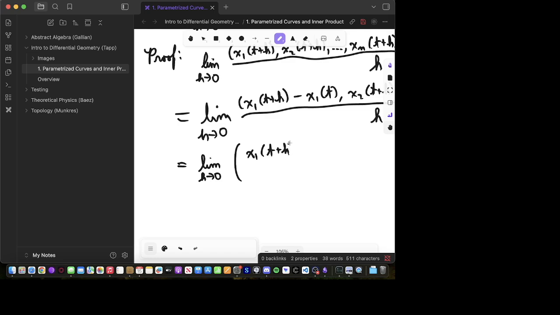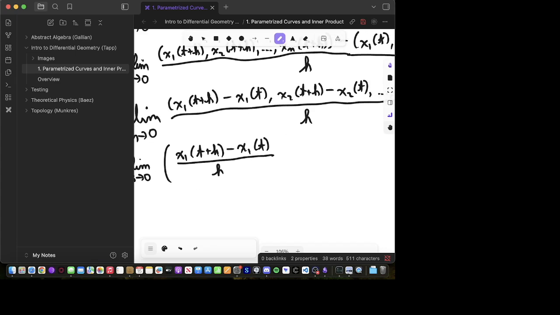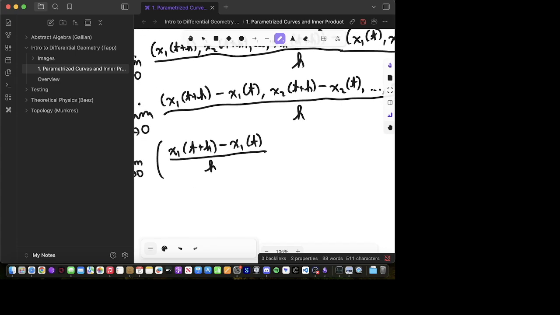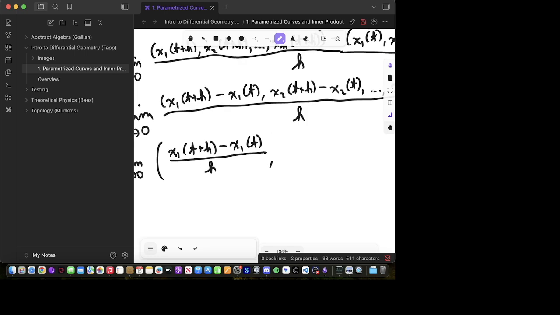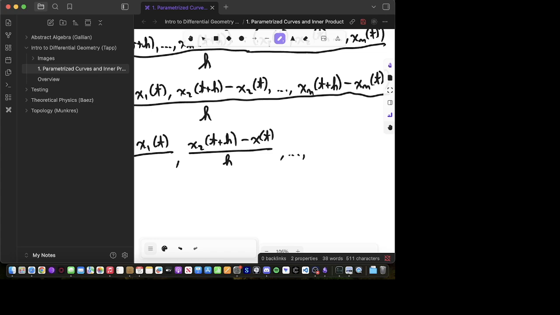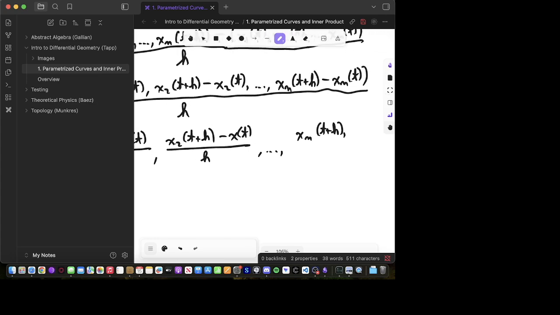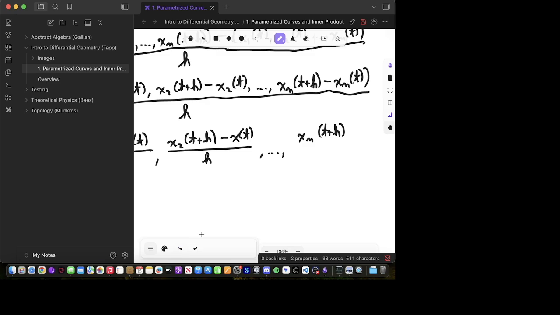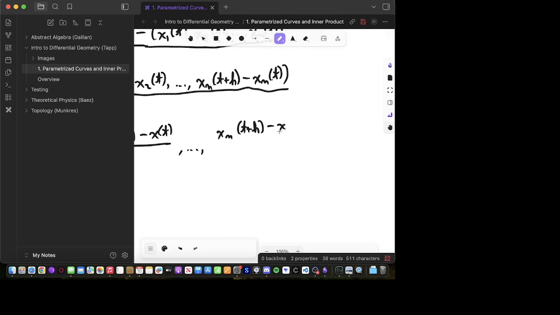And what I mean by that is, instead of h dividing the whole vector, it's dividing each component. x2(t plus h) minus x2(t) over h, dot dot dot, xn(t plus h) minus xn(t) over h.